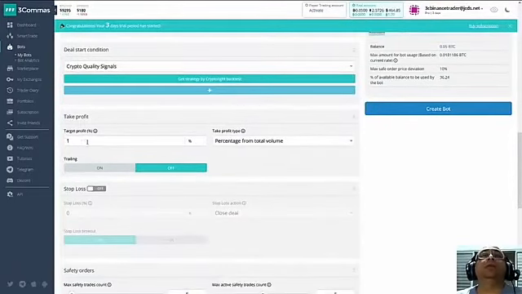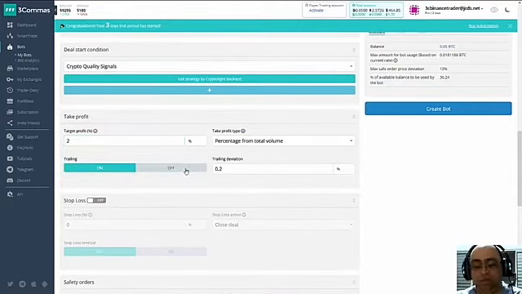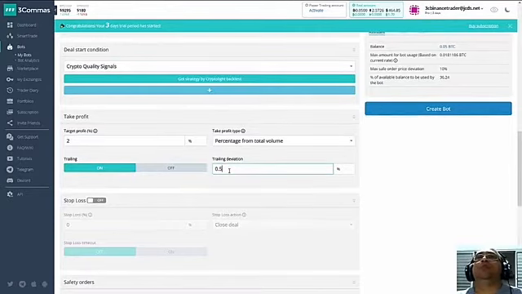My take profit target, I will look for 2% per trade from total volume, and I will use a trailing stop at 0.5. It's just my choice. You don't have to use it. Trailing stop is great because as soon as my take profit is hit, 3commas will monitor the price, and if it drops by this percentage here, my position is closed.